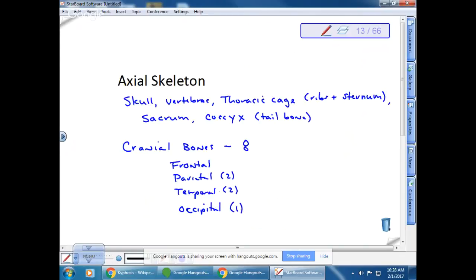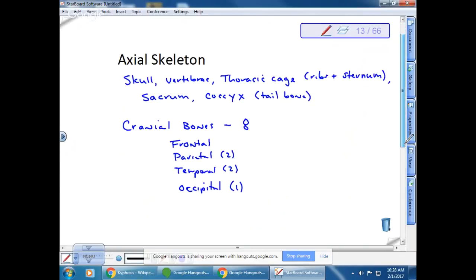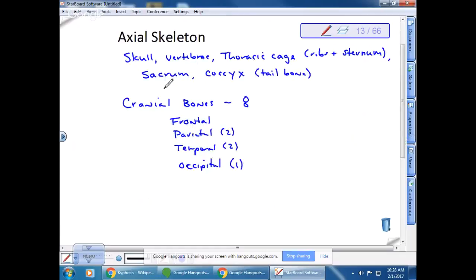Occipital 1. Okay, so those are, the mandible actually is facial. So the cranial bones, there's only 8. There's actually 14 different facial ones. Nope. The sacrum is down here, down in your pelvis. But the sphenoid is 1. So there's actually only 1 sphenoid.